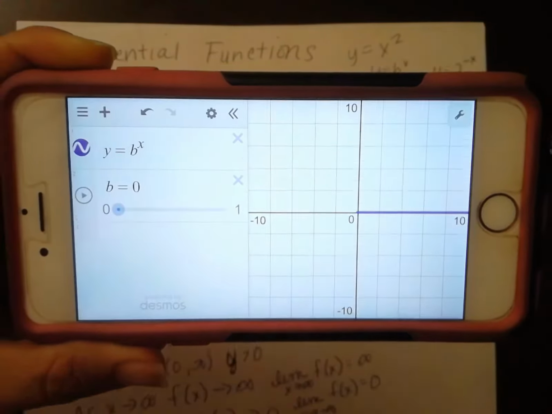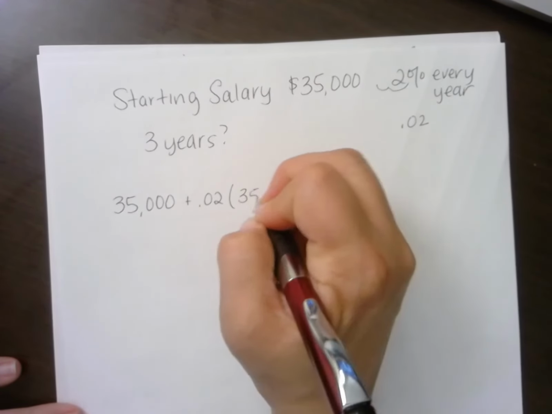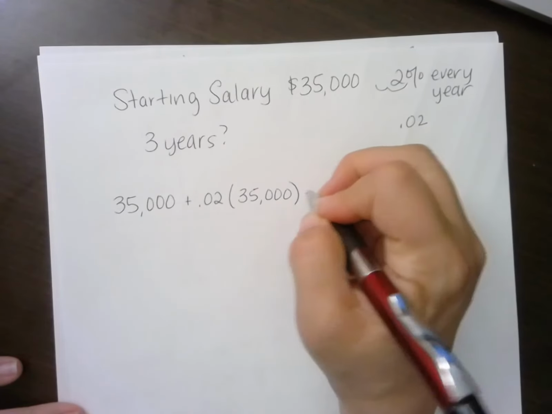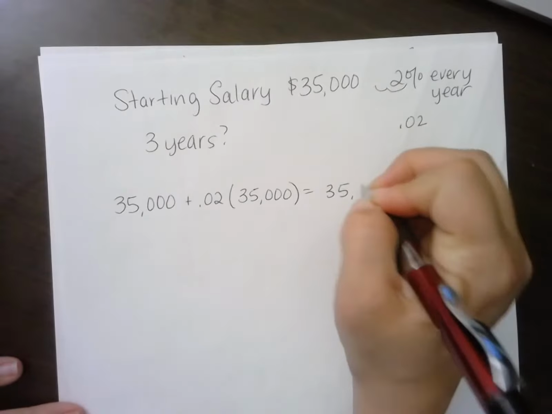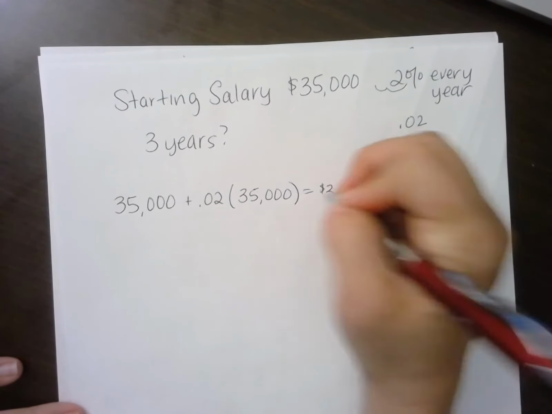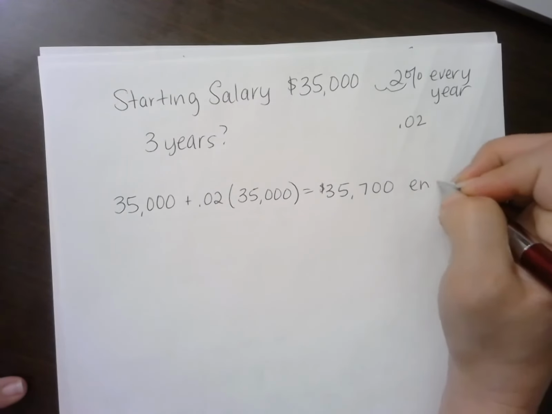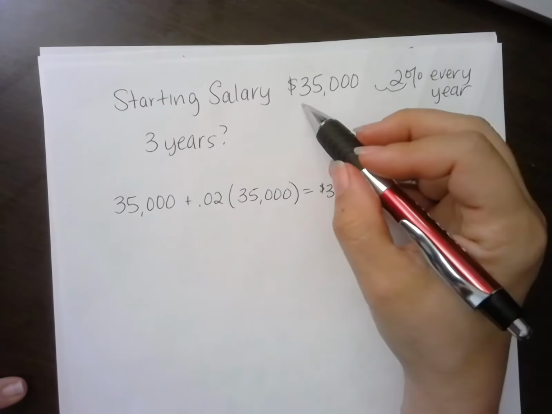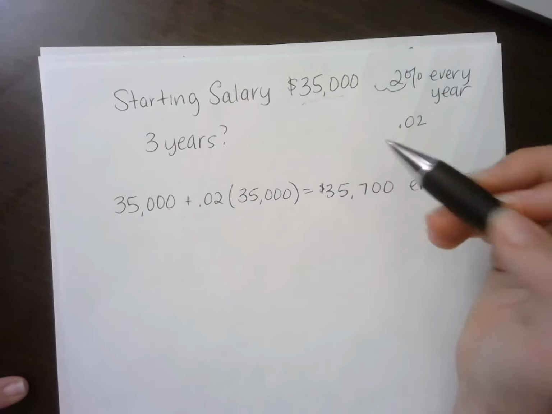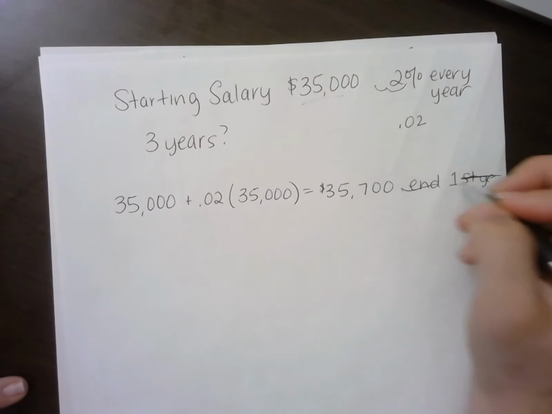So I start out with 35,000, and then my first year I add 2% of 35,000. When I put this in my calculator, I end up with $35,700. So this is what I end up with after the first year.